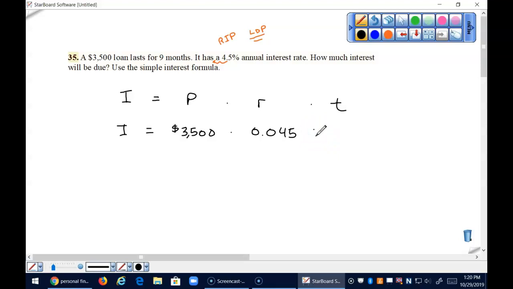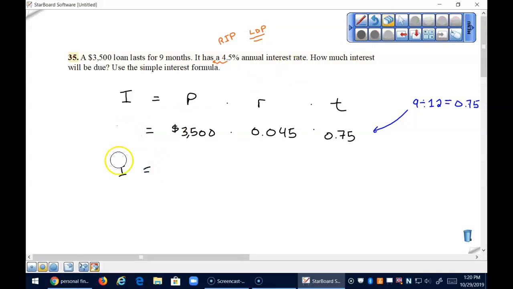And 9 months, so 9/12ths. I don't even need the I there really. Okay, 3,500, 0.45 times 0.